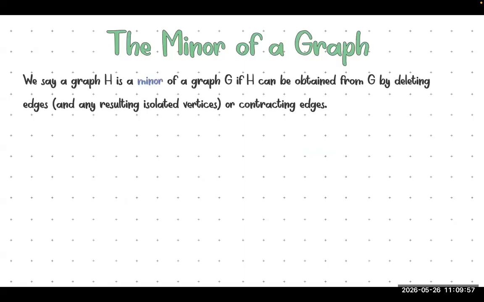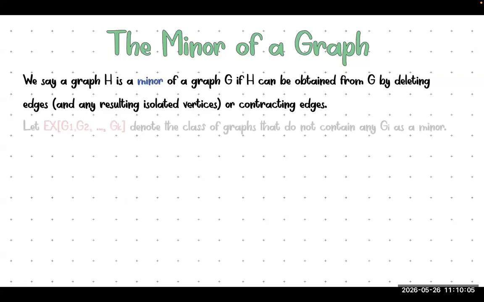Okay, so what is a minor of a graph? A minor of a graph is just any graph that can be made from a graph G by deleting or contracting edges. And we denote EX to be the excluded minor class. When we have the graphs inside, we say that this is any class of graphs that do not contain the G_i's as a minor.